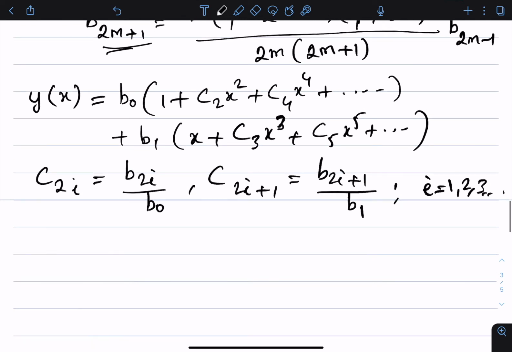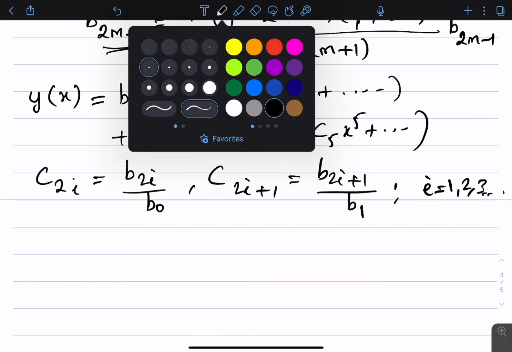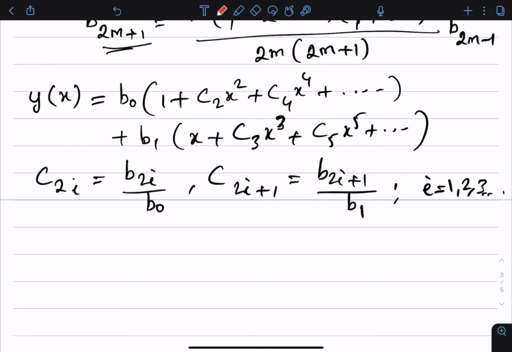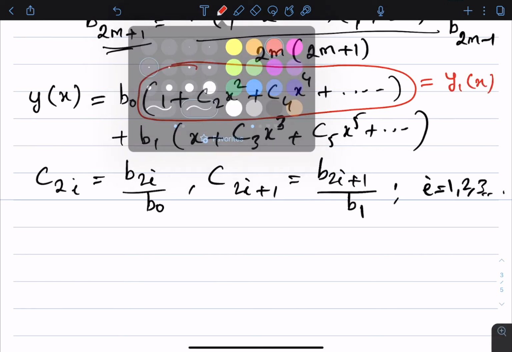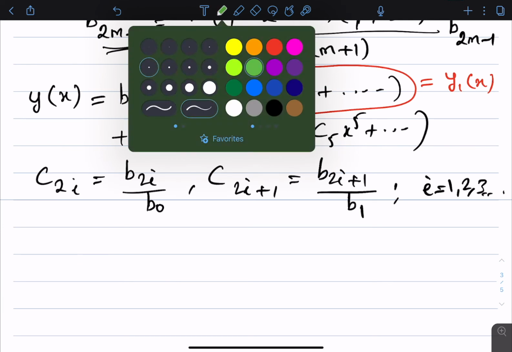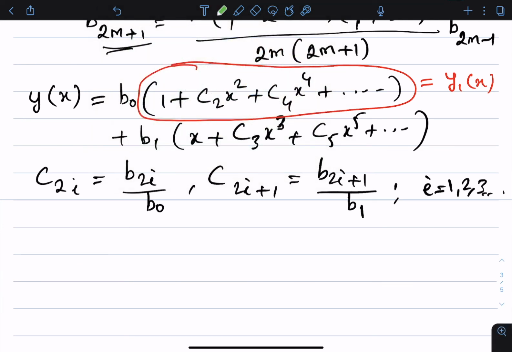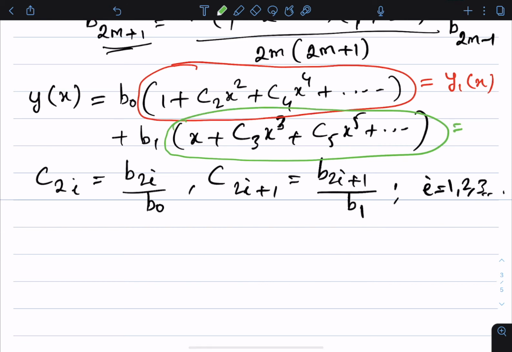Okay, so whatever you have written here, this you call as y1 of x, and what you have here, this you call as y2 of x.